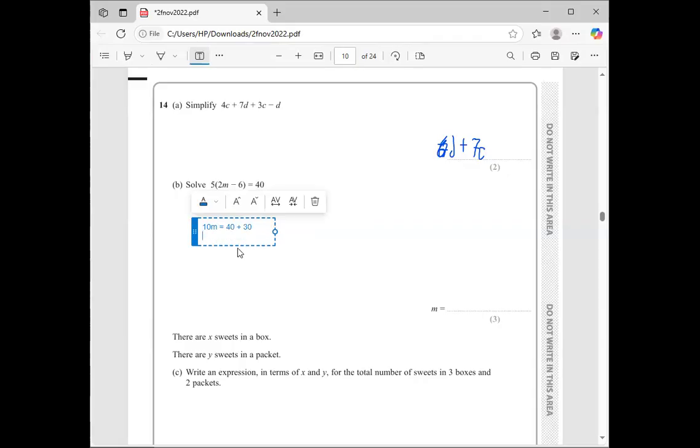And that's going to be 70, right? Yes. Okay, so you know what to do, right? What are we doing to get m? Divide them by 10. Thank you. Divide them by 10. And it's going to be equal to 7.